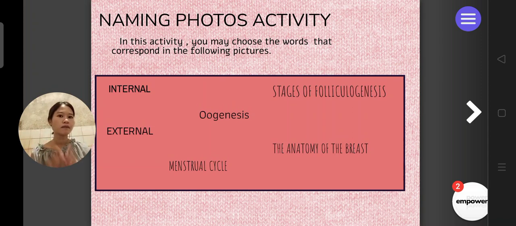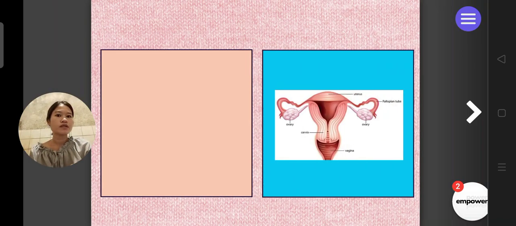Yan yung mga pagpipilian. And then, may ipapakita ako sa inyong mga pictures. The first one is, for example, do you think it is external or internal?